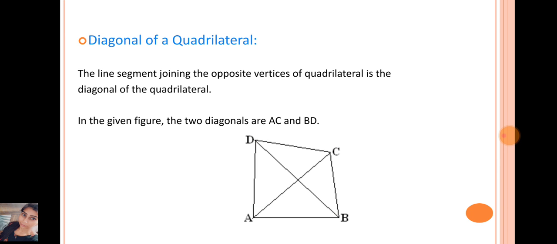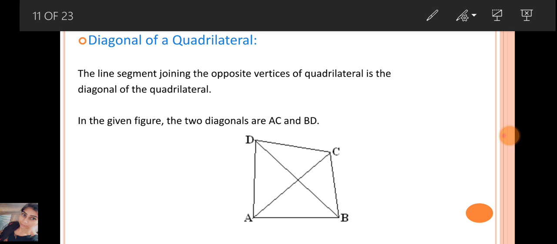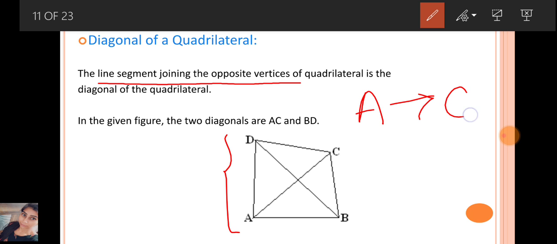The next topic is, let us understand what we mean by diagonals. First, let us see the definition: the line segment joining the opposite vertices. In this figure, A is opposite to C and B is opposite to D. The line segment joining the opposite vertices means the line segment joining A to C and B to D of a quadrilateral is the diagonal.